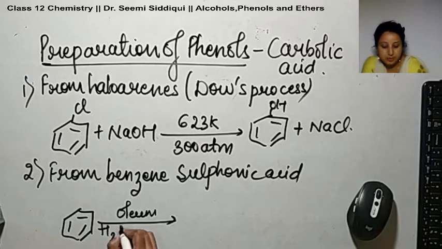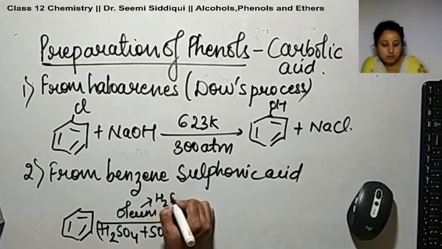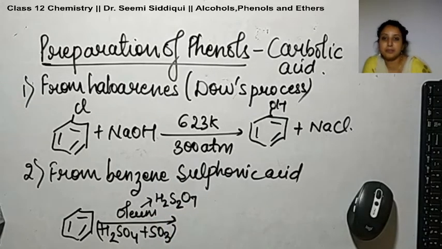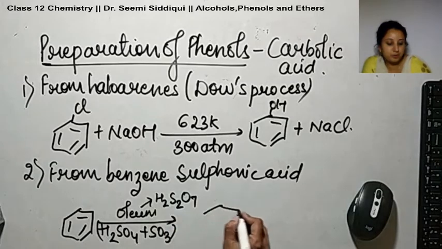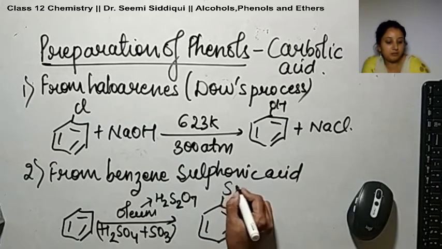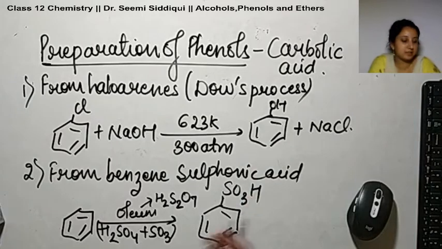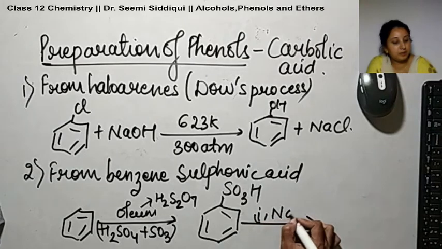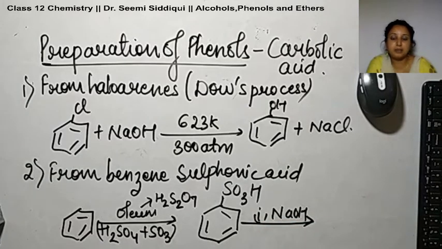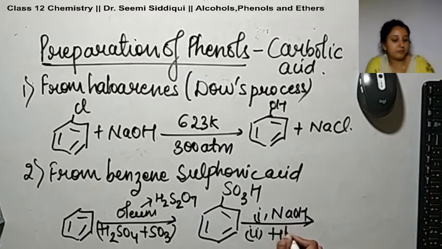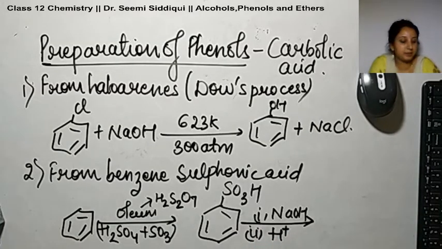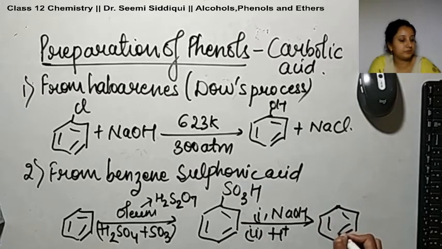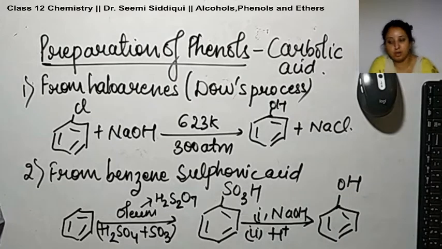Oleum is basically a mixture of H2SO4 plus sulfur trioxide, or you can write it as H2S2O7. The benzene ring is made to fuse with this, and we obtain benzene sulfonic acid, which in the first step is treated with NaOH. In the second step, we add a little acid and we obtain a phenol.